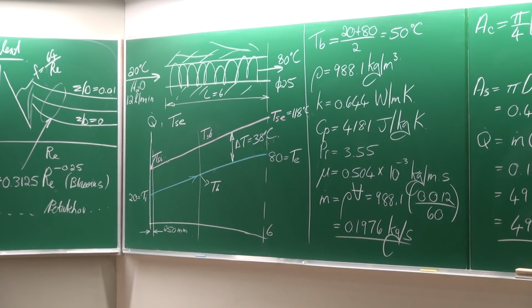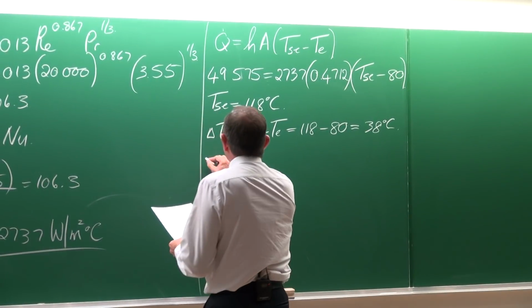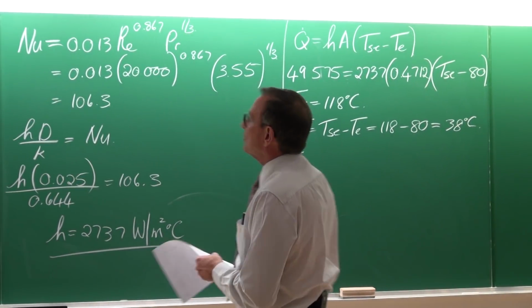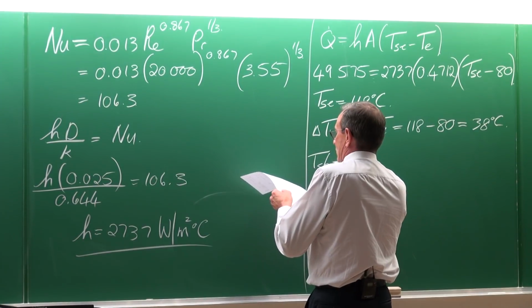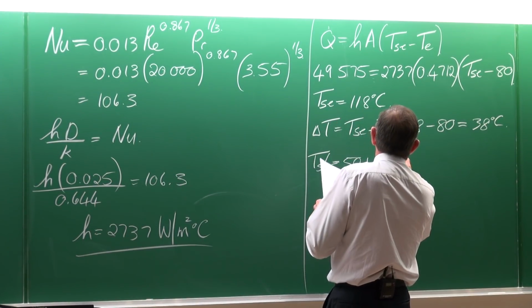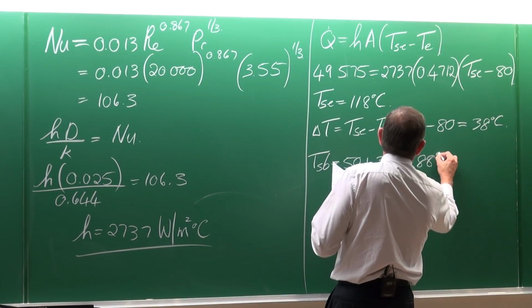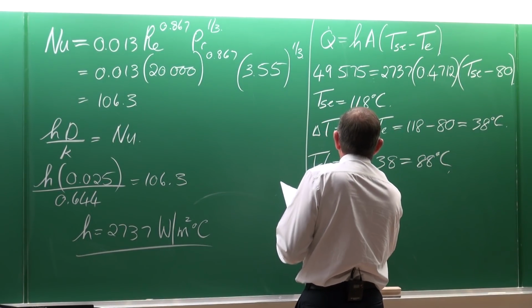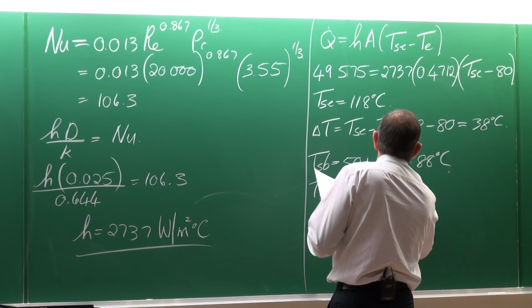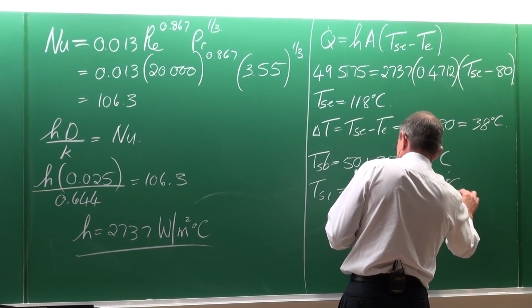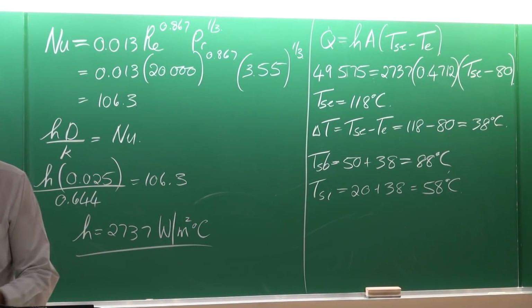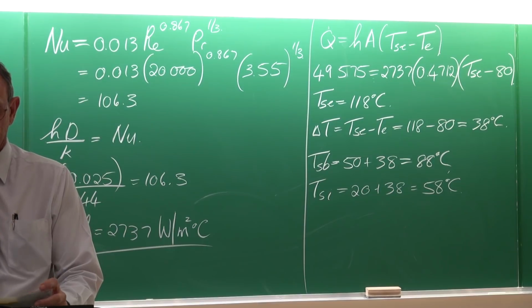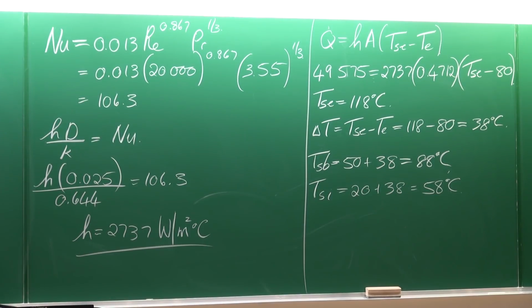And once we know the delta T, which is 38, it's very easy to determine the surface temperature at bulk, which should be 50 plus 38, which is equal to 88 degrees Celsius, and the surface temperature at the inlet, which is 20 plus 38, which is 58 degrees Celsius. So there's the wall temperature at 3 different positions. But of course, you can go and calculate it anywhere now that you want. But now everything is known.